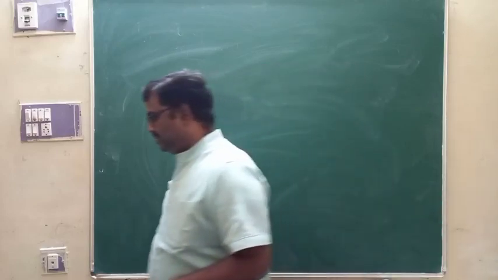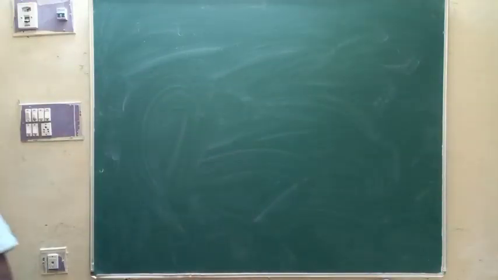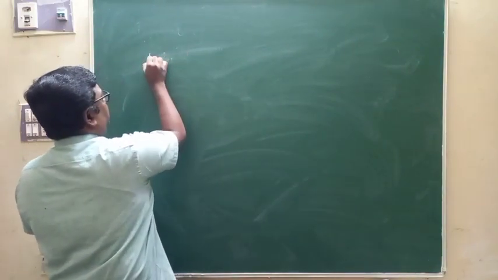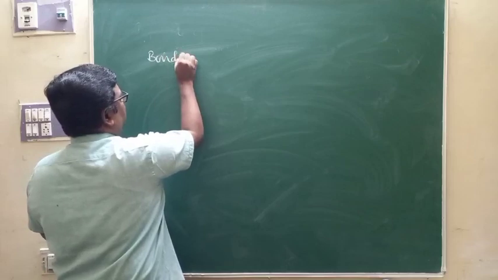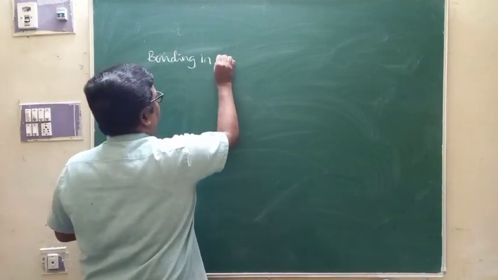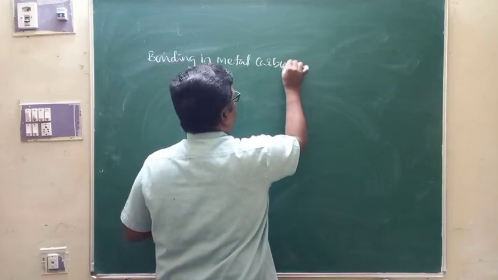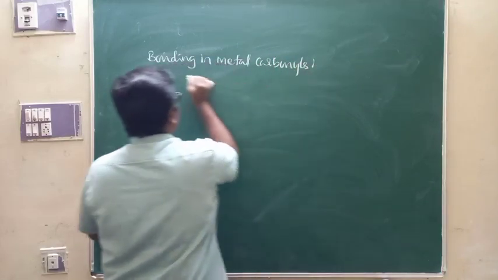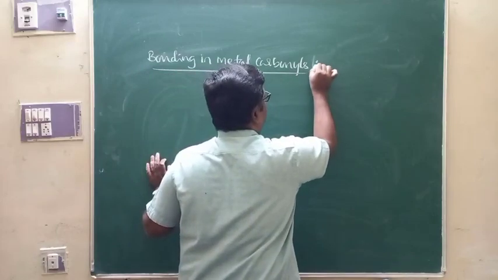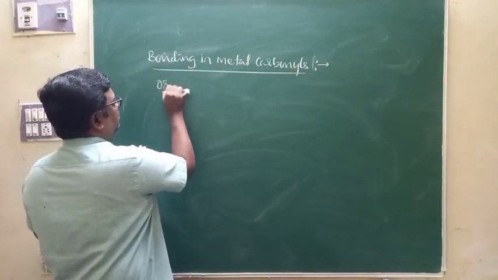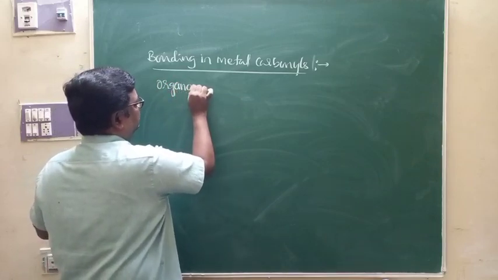Okay, so this is what we call crystal field theory. Now at this moment, we'll go for the next discussion, that is bonding in metal carbonyls. As far as metal carbonyls are concerned, they are organometallic compounds.